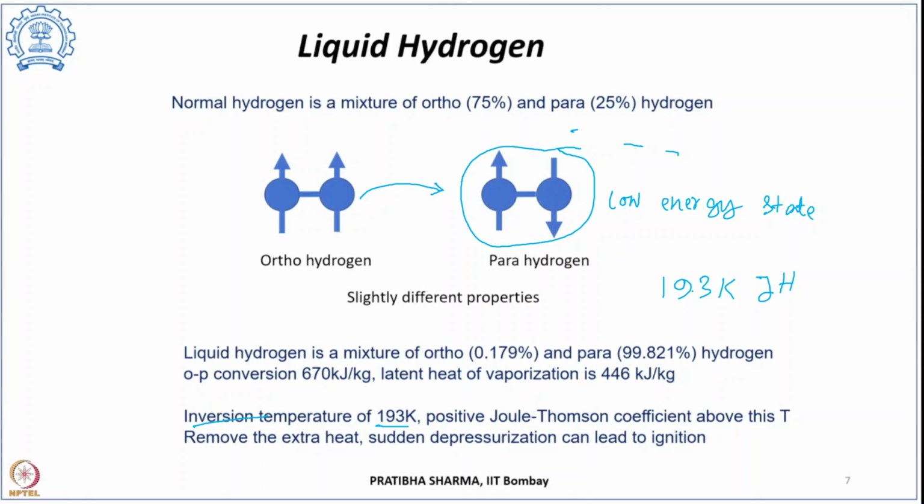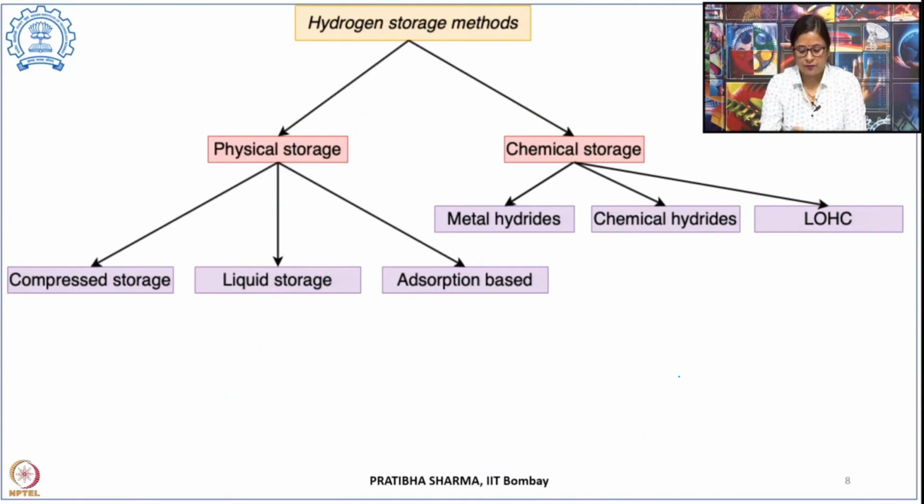This is very important for whether the heat is being generated or absorbed in the hydrogen. That's why the Joule Thomson coefficient is important. We will see it using this equation.